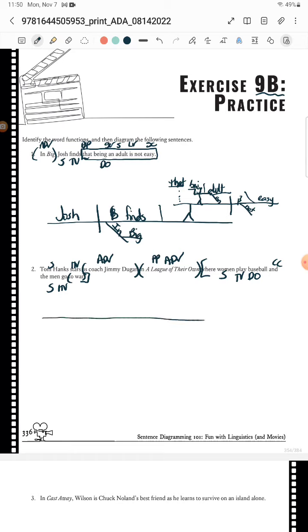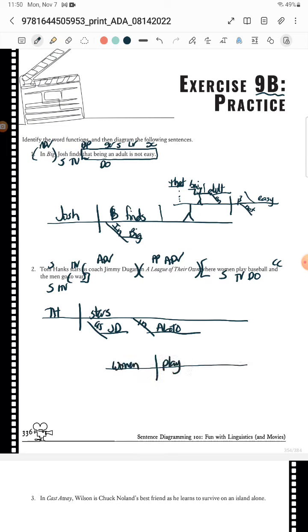Okay, so let's start at the top here. So I've got Tom Hanks, and he stars, and then he stars as Jimmy Dugan, and then he stars in A League of Their Own. There we go. Yeah, you would write it out. I'm trying to save space. Okay, then we know that that movie, A League of Their Own, is where the women play, and what do they play?